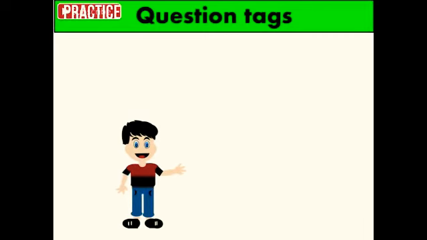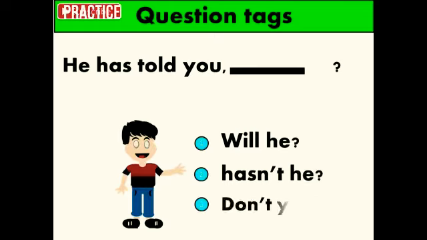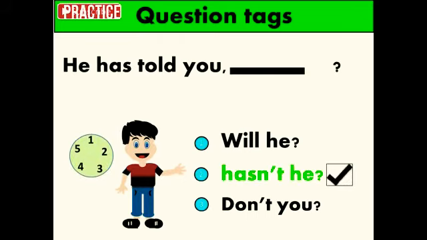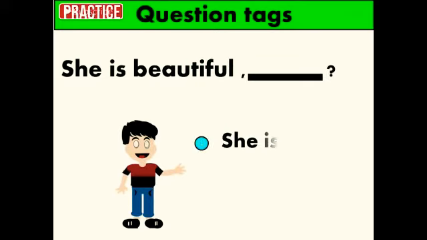Good. Next is, he has told you. Will he? Hasn't he? Don't you? Look at the auxiliary verb, has, and a negative tag. Hasn't he is the correct option. She is beautiful. Look at the auxiliary verb again and you have to put a negative tag.